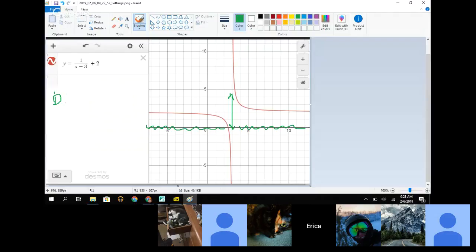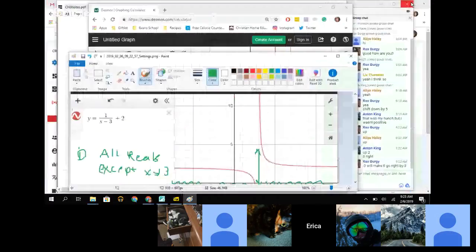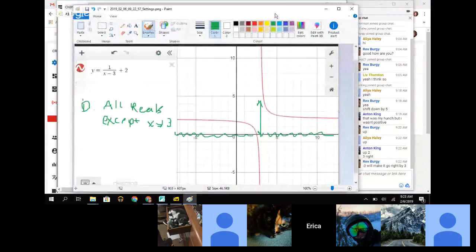The domain is all reals except x cannot equal 3. This is kind of a weird math book kind of thing. You'll see it written, it kind of gets into language.